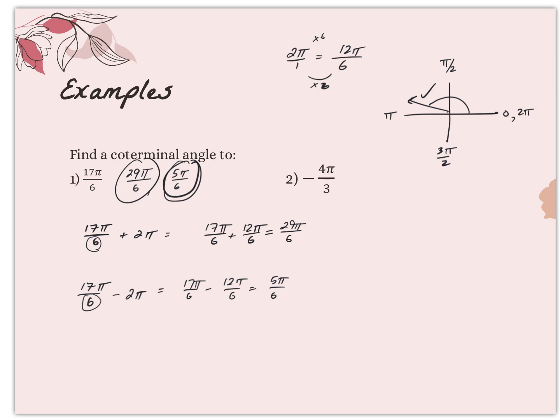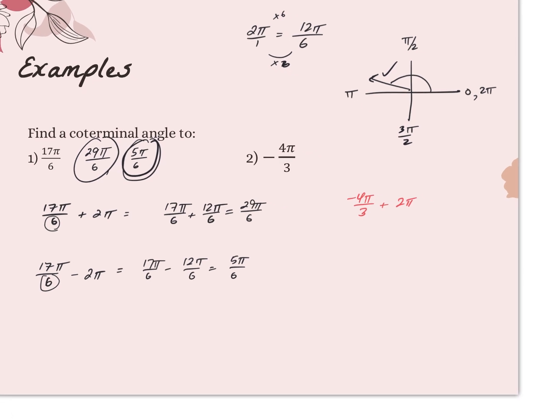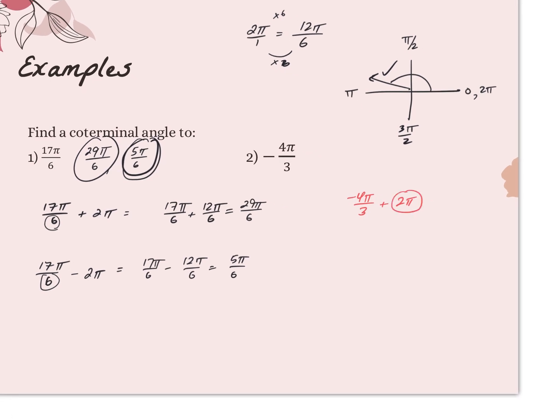So I go now to the second problem. I have negative 4 pi over 3. Again, if I'm finding a coterminal angle, I'm going to add 2 pi, and I could subtract as well. If I'm adding, I need a fraction that has a denominator of 3. So 2 pi over 1: if I want to make the denominator 3, I have to multiply by 3, so I do the same thing to the numerator.